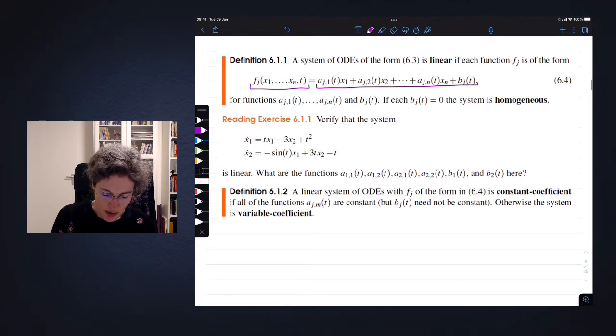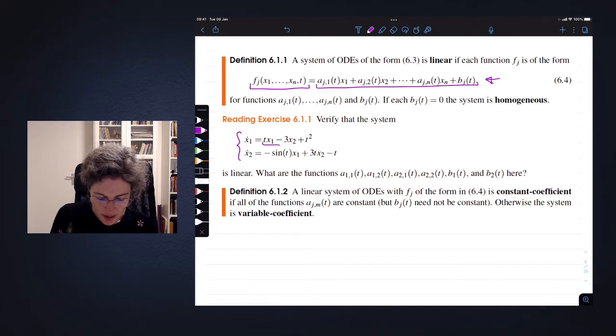So we can just do a quick check here, to make sure that we're happy with how things look. Here we have a system of two differential equations, and we've got two functions that we're looking for, x1 and x2. The question is, we want to verify that it's linear, so we verify that it has this form over here.